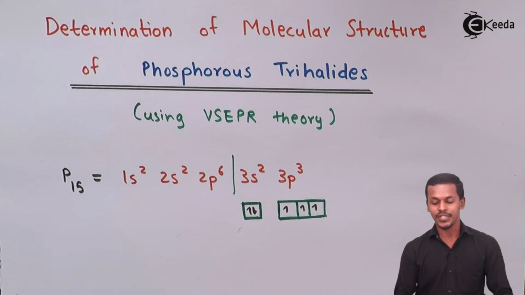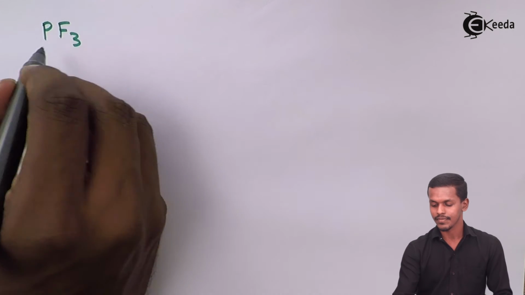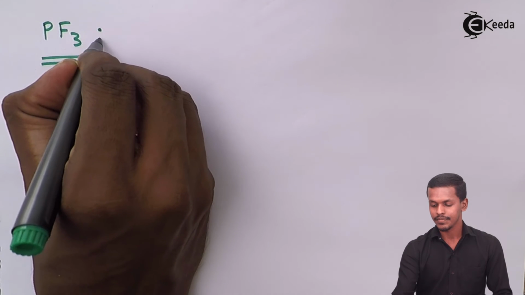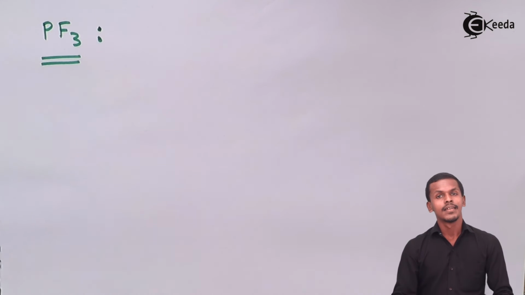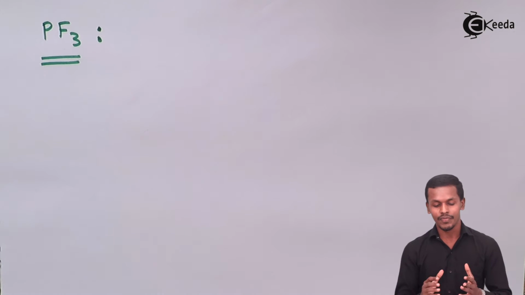Let us talk about the first one, PF3, that is phosphorus trifluoride. Let us understand it with the help of the valence shell of phosphorus.